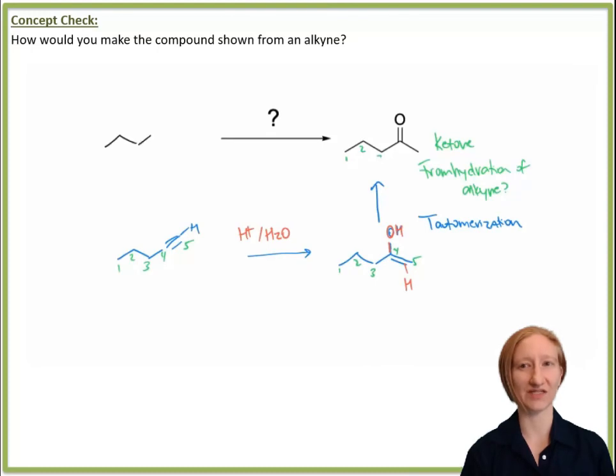So here that means I need a terminal alkyne. Now when this terminal alkyne is treated with acid and water, the desired enol in blue will form. So overall, I can make this ketone by treating 1-pentyne with water and acid in the presence of HgSO4. Remember that because it's a terminal alkyne, I need the mercury to help facilitate the reaction.